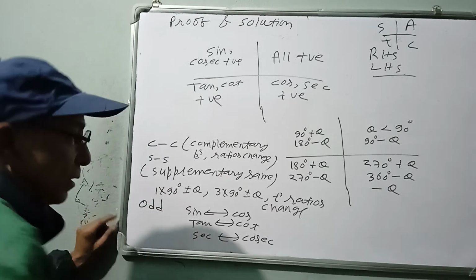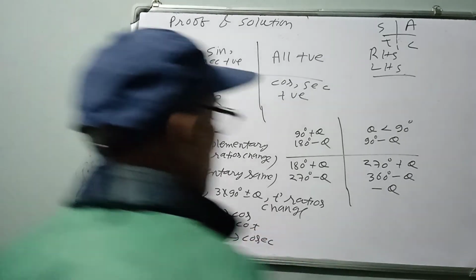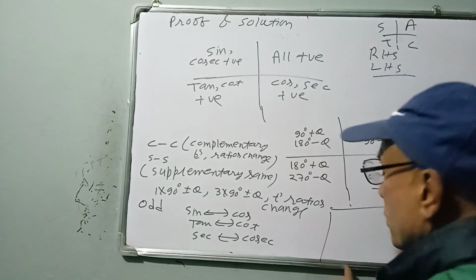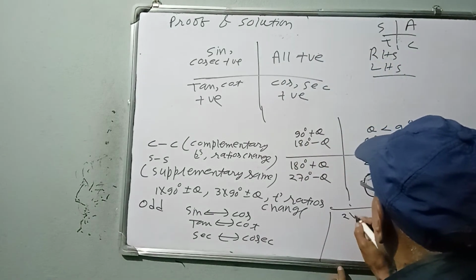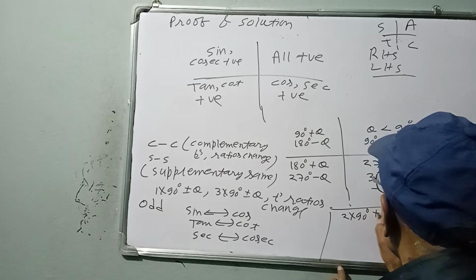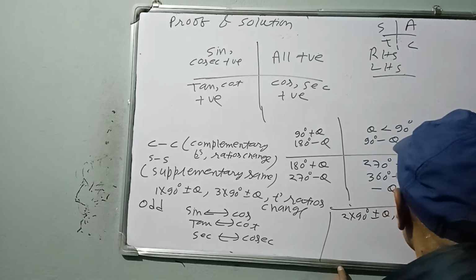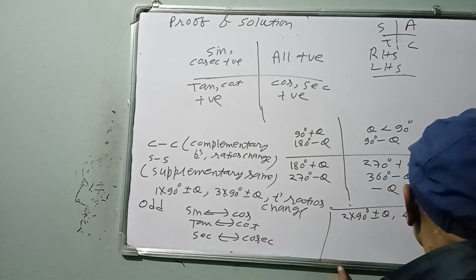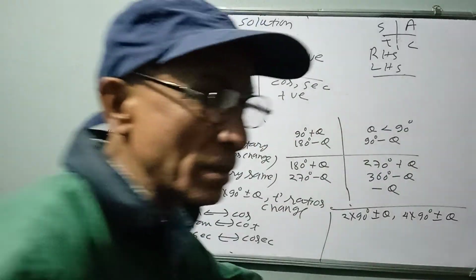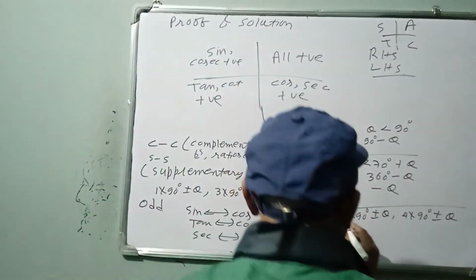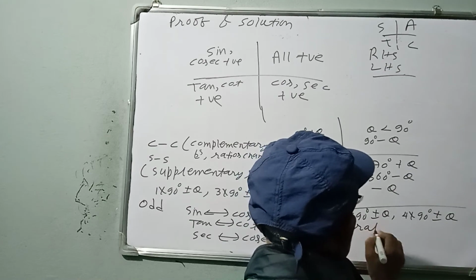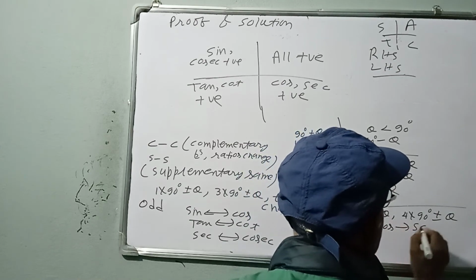If it is an even number, the ratio stays the same, like 2 into 90 plus minus theta, 4 into 90 degree plus minus theta, 6 into 90, 8 into 90, etc. Trigonometric ratios become the same.